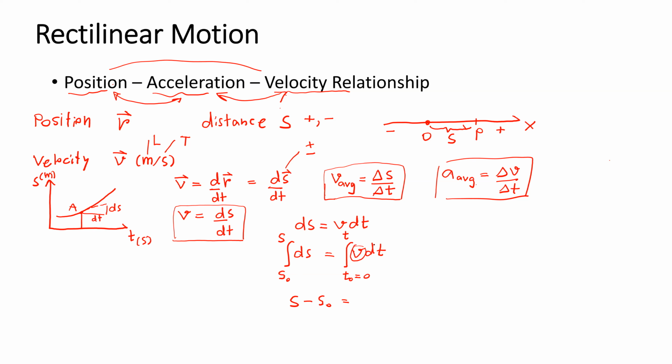If we have a constant speed, it's just v times (t minus t0).